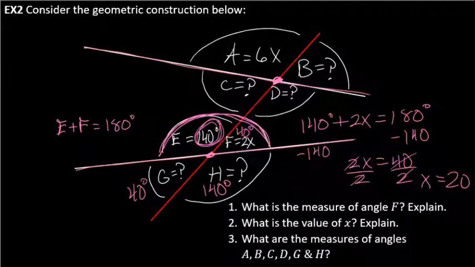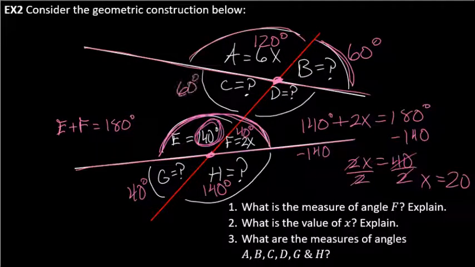Okay? And we know what x is now. So if a is 6 times x, that means it's 6 times 20. That's going to be 120 degrees. Okay? And a plus b, these two angles should be supplemental. Right? So that means B is 60 degrees, which means C is 60 degrees, which means D is 120 degrees.